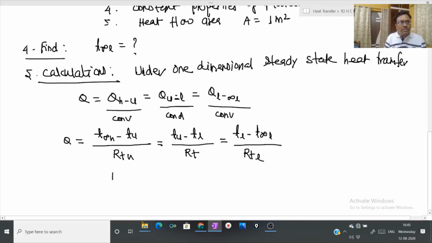or I can also write them as Q is equal to T infinity H minus Tu over RTH, and what is RTH? RTH will be convective thermal resistance. You can also find out this formula of convective thermal resistance from data book.